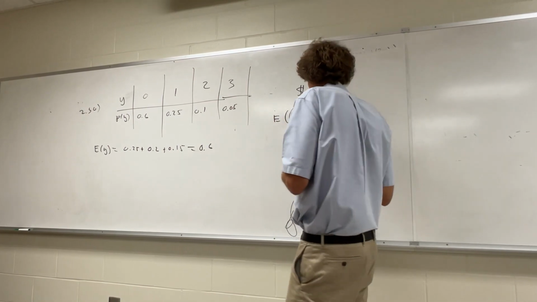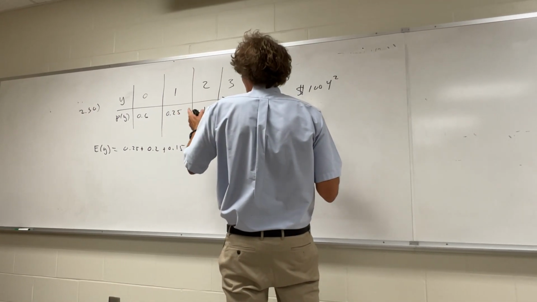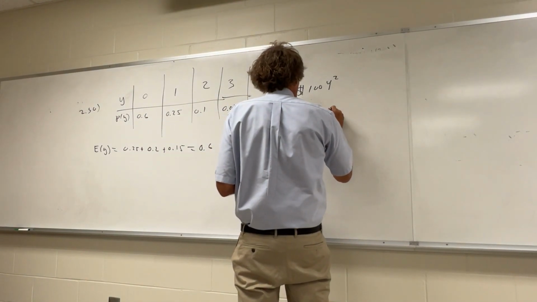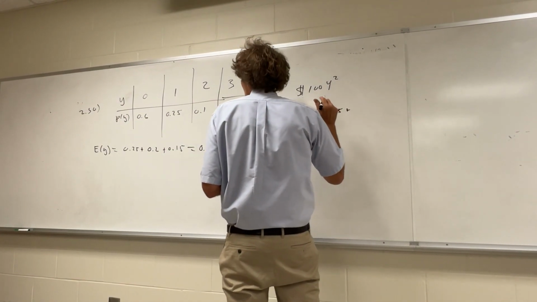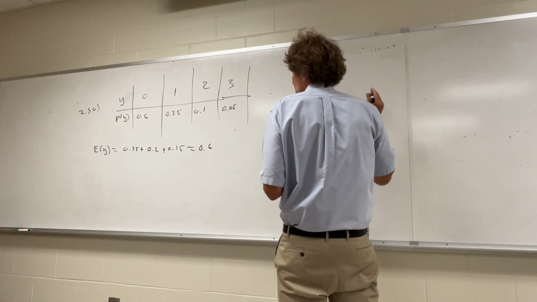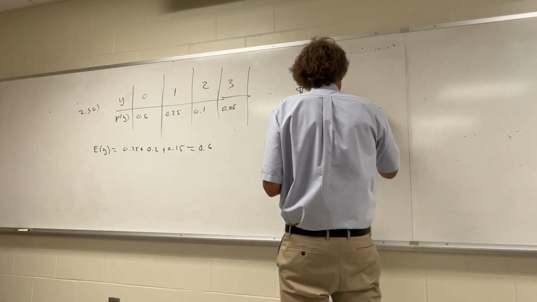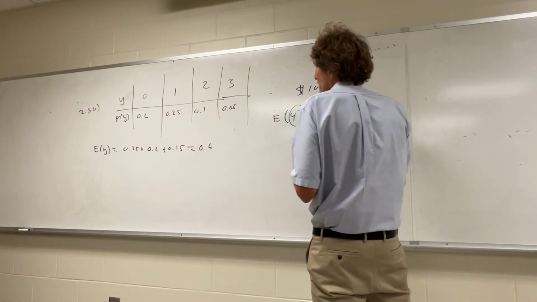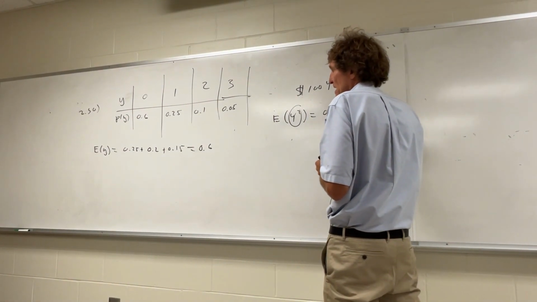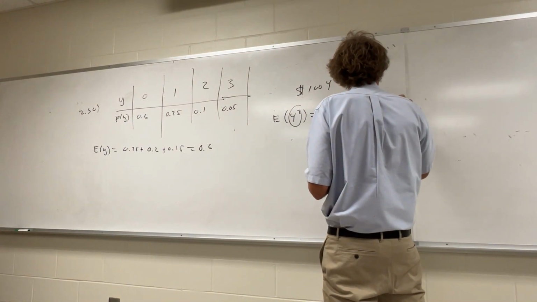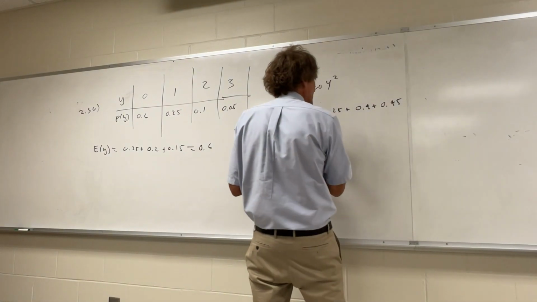That's all this is. So you got 0 squared is 0, so that's it. Then 1 squared is 1, so you have 0.25 plus. Then you have 2 squared is 4, so that's 0.4 plus. Then you have 3 squared is 9 times 0.05 is 0.45, correct? And what is that gonna be?